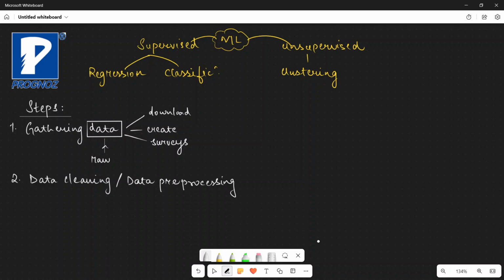As the name suggests, in step number 2, the data which has been derived, that has been extracted, that has been created, needs to be cleaned, needs to be pre-processed. And this is done with the help of a technique called feature engineering.